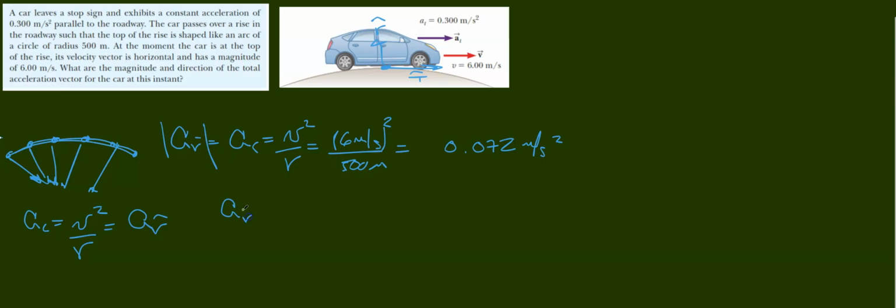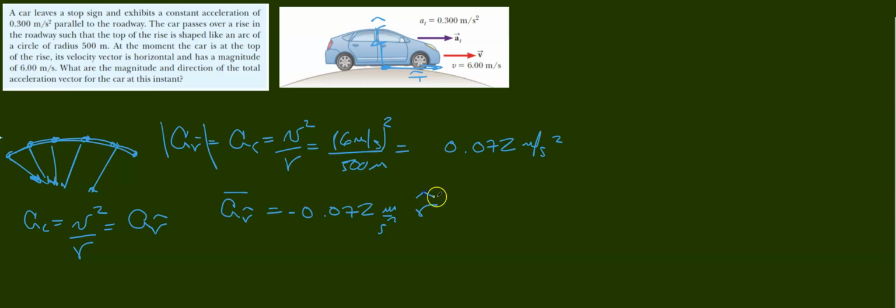The vector will be 0.072 in the negative r-hat direction, right?